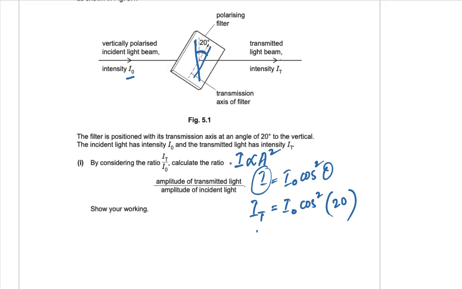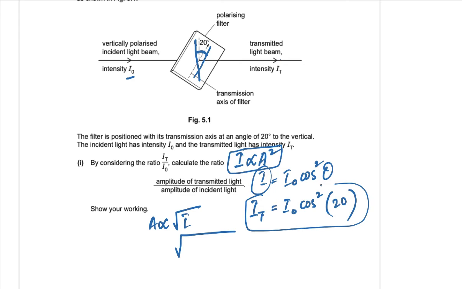Now we're going to be using this relationship since the question is asking you to find the ratio of amplitude to amplitude, and this is intensity, and the relationship between intensity and the amplitude, they are directly proportional, but intensity is directly proportional to the square of amplitude. So amplitude is directly proportional to the root of intensity, right? So amplitude of transmitted light is equal to root of this. It was the intensity of the transmitted light, right?